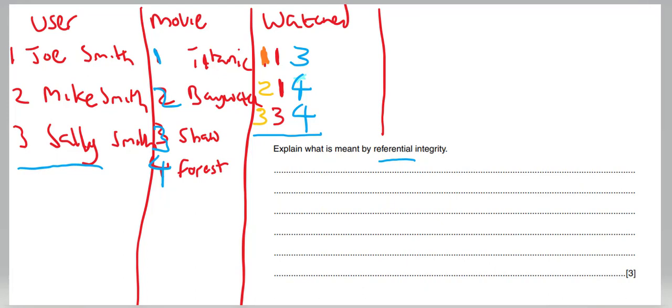So, in order for us to have referential integrity, we've got to follow some rules.